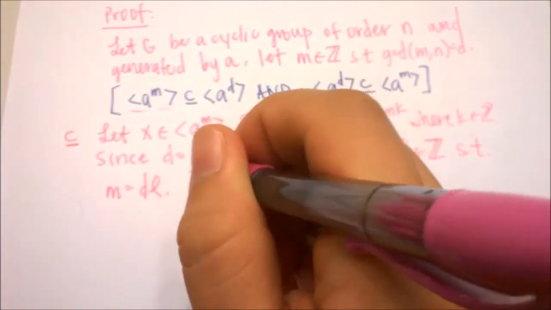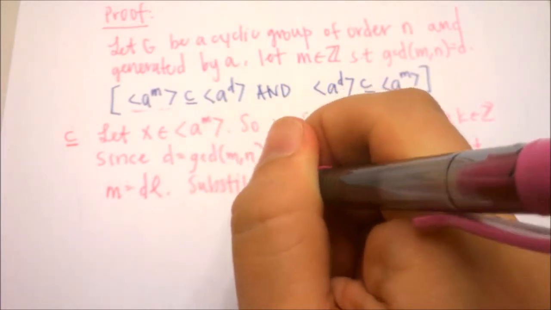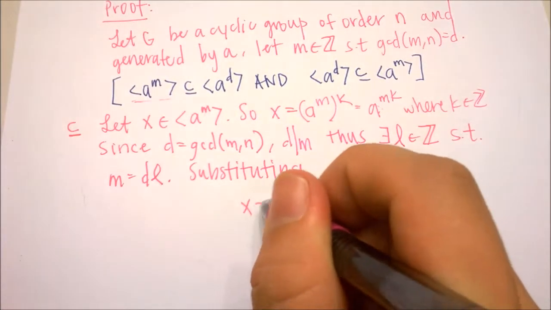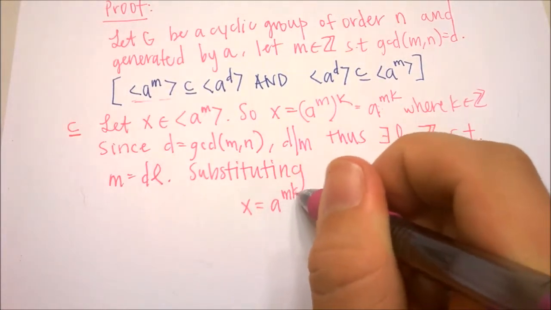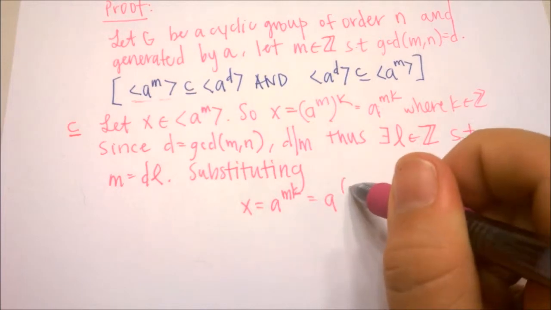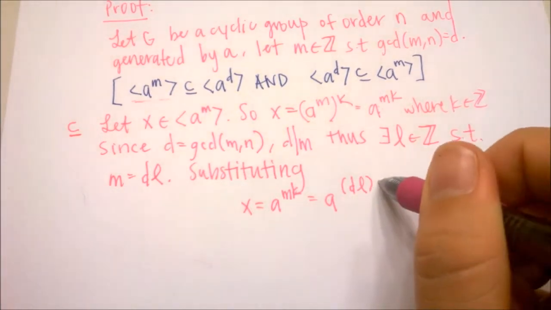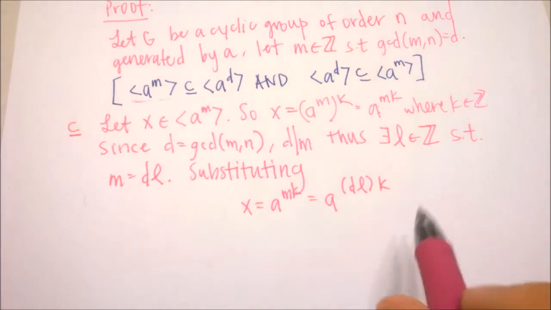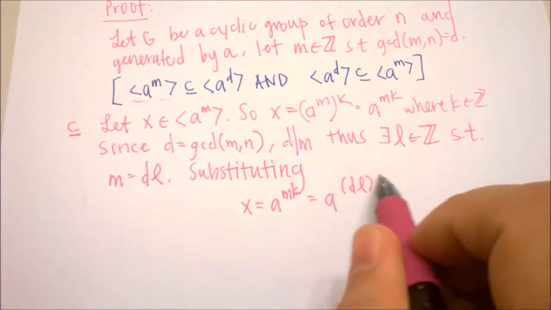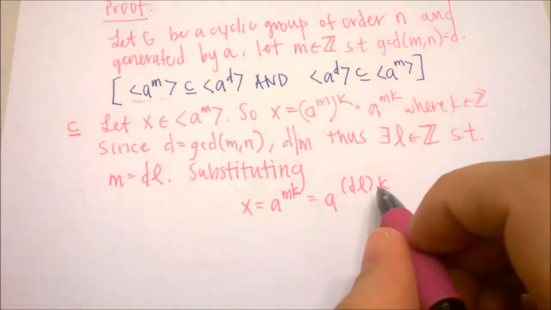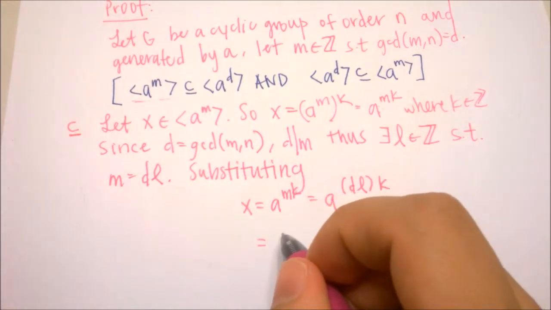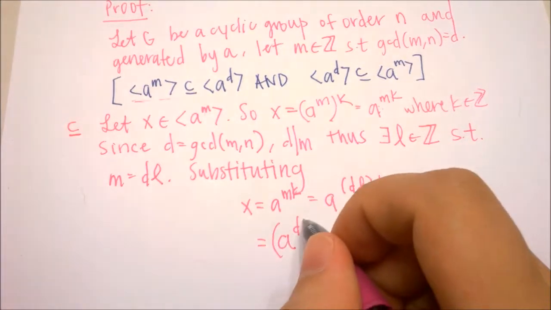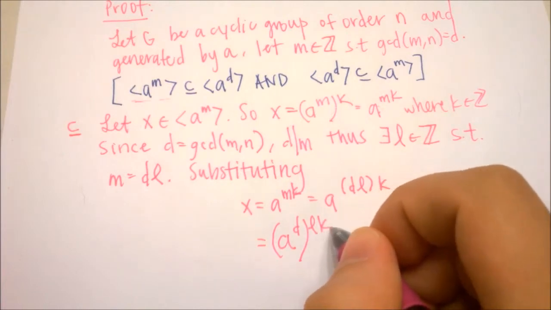Okay, so now by substituting, we have x is equal to a^(mk) equals a^(dlk), substituting dl for m. Now exponent rules say that we can rearrange these because these are just integers, and integers are associative under multiplication. So we can say this is equal to (a^d)^(lk).